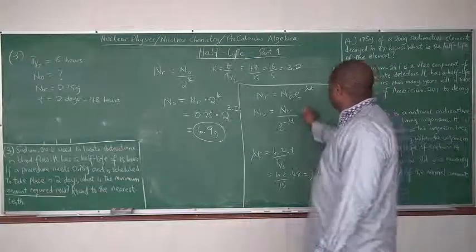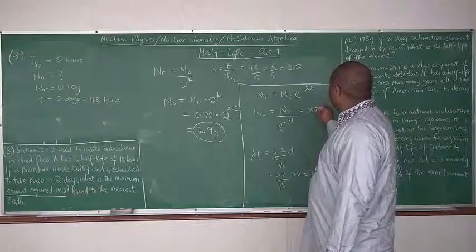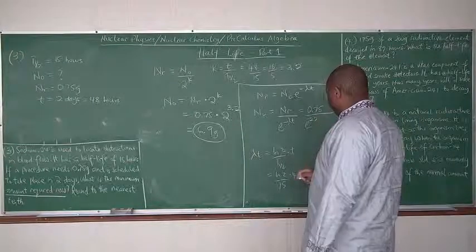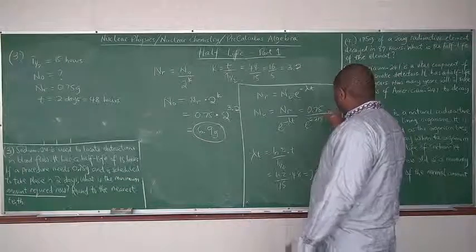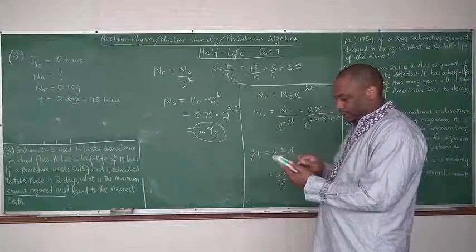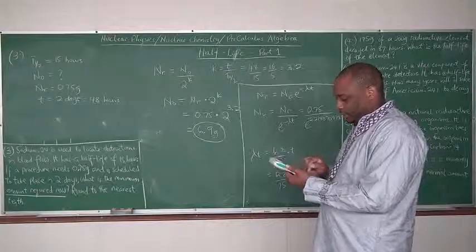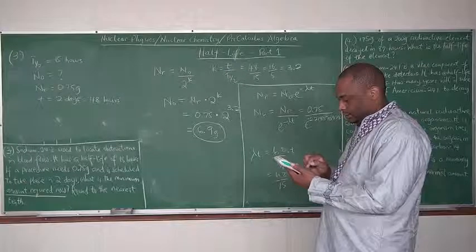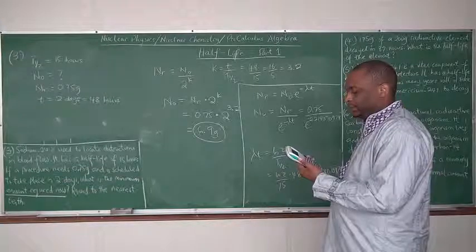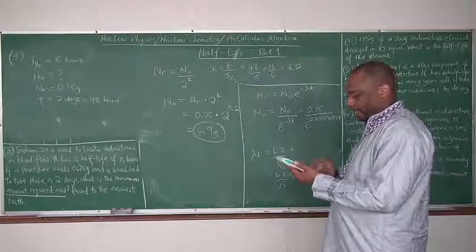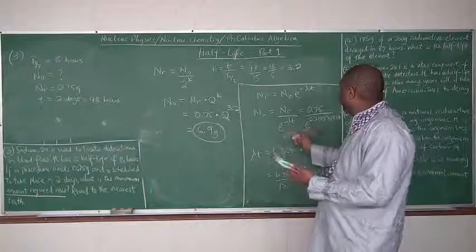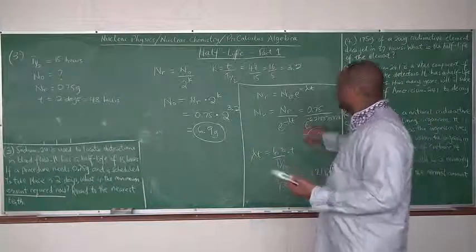Now N subscript O is 0.75 over e to the negative 2.218070978. e to the negative of the answer gives 0.1088188204, and then 0.75 divided by that gives 6.9 gram. Yes, the same thing.